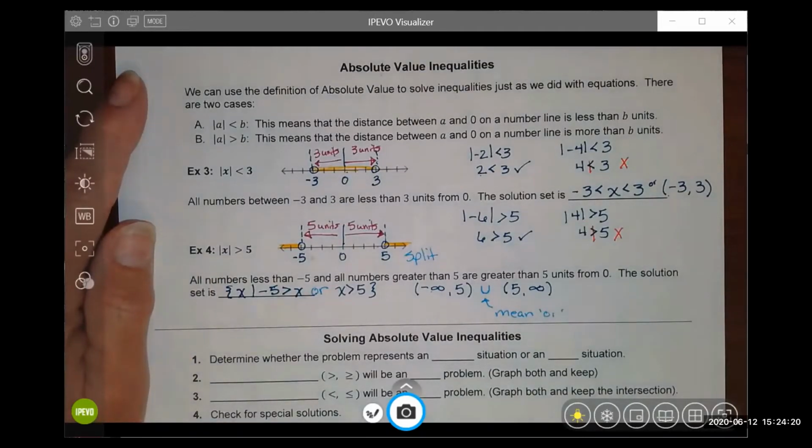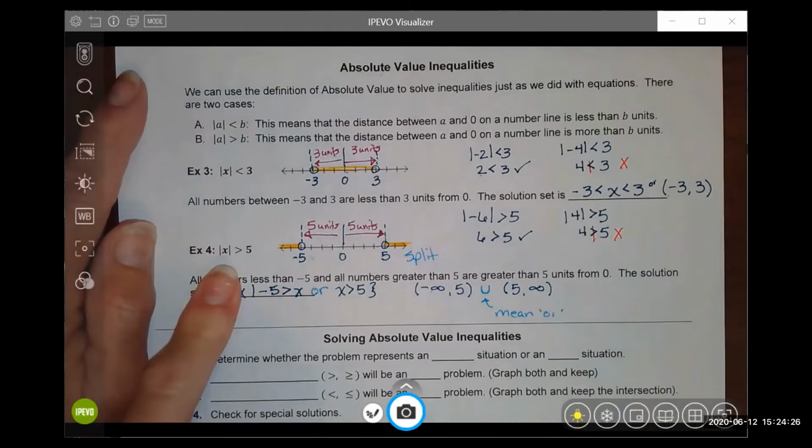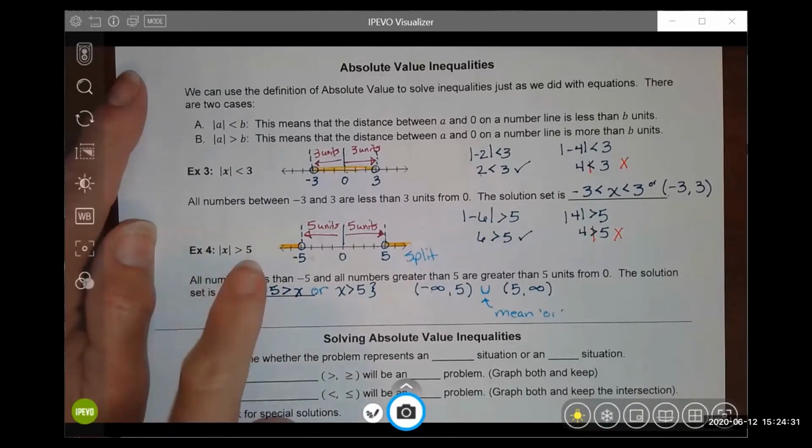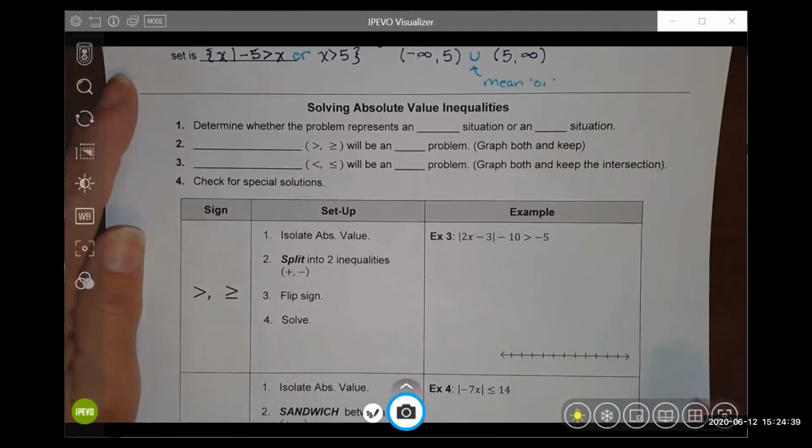All right, so you need to know about graphing and finding solutions to inequalities. The next question is, how do I get my equation in such a nice simplified form where it's a little bit easier to read? That's where the solving part of the lesson comes in.